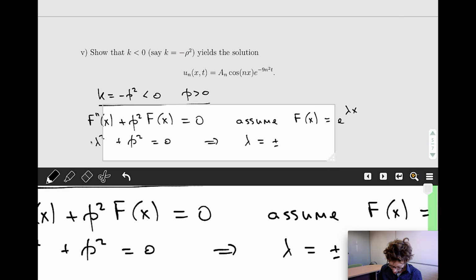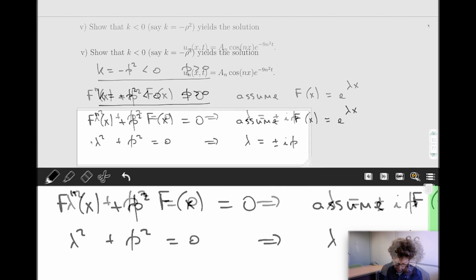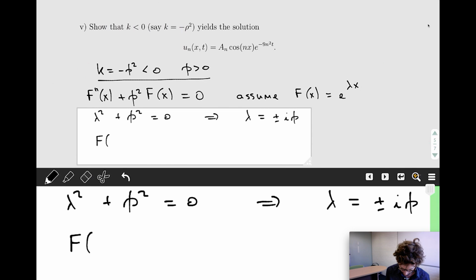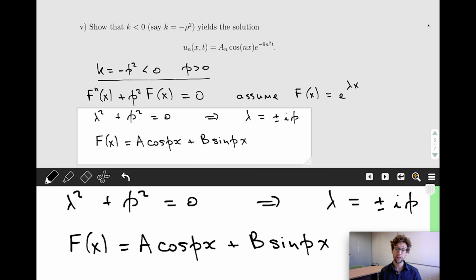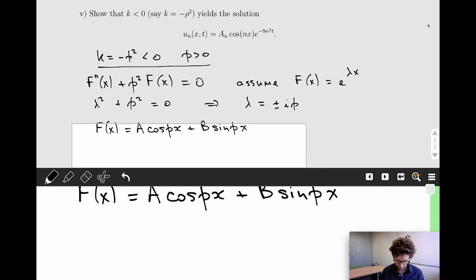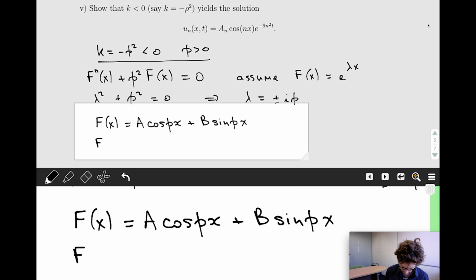And I find my solutions are plus or minus ip, and f of x looks like sinusoids, just like before. Now again, we're going to fix a and b using the boundary conditions, but again, the boundary conditions are not on f, but they're on f prime. So I have to calculate the derivative of f of x.